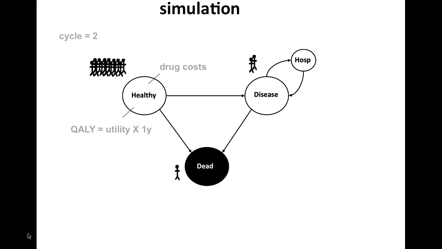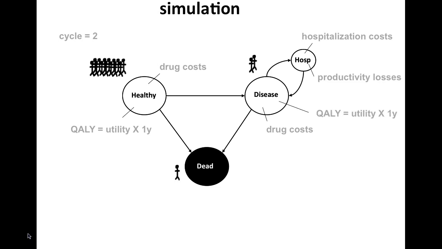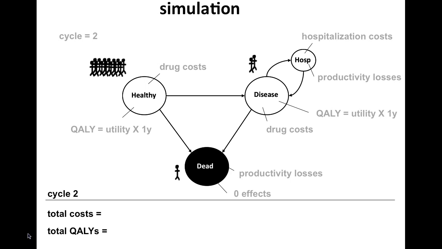The costs of the state disease are the costs of the drug, hospitalization costs, and productivity losses. The effects from this state are the QALYs, the specific utility multiplied with 1 life year for each individual, minus the utility decrement. For the state dead, there will be productivity losses, but no health effects at all. The total costs and effects for all health states during cycle 2 are summed up and registered.